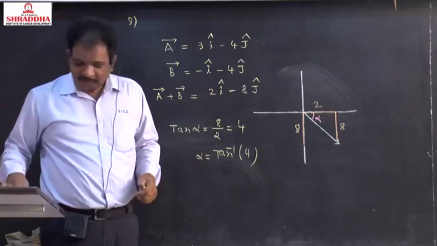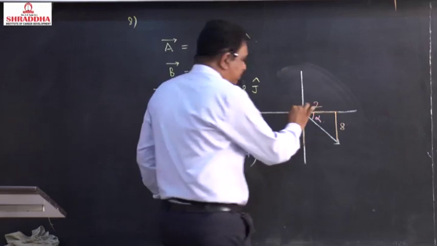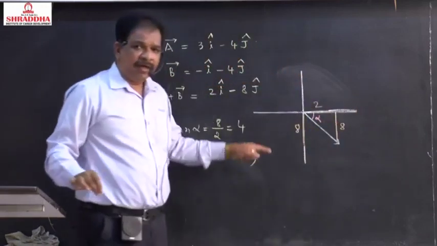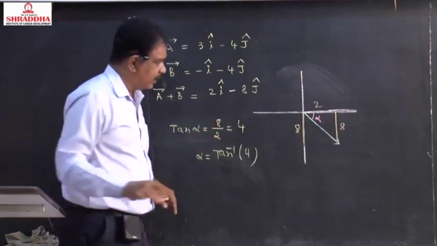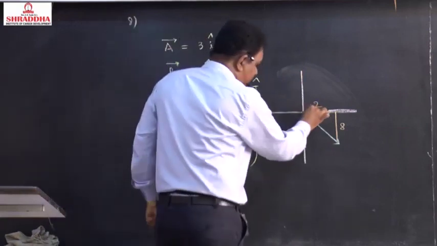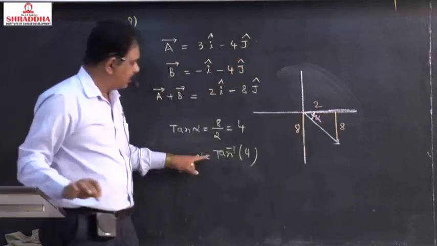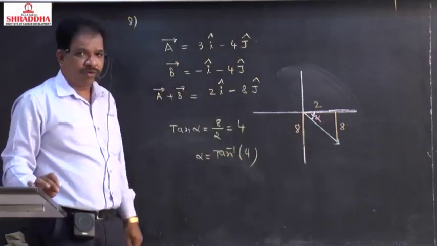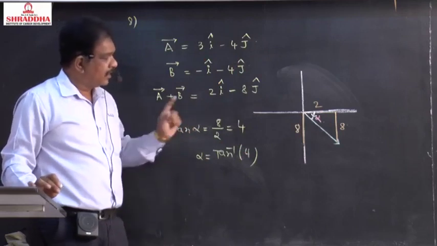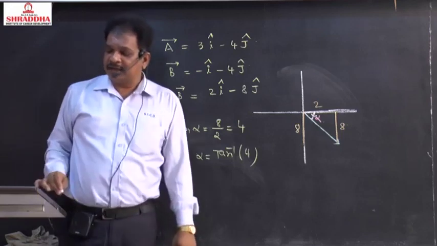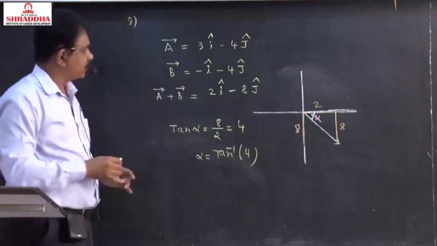This is the positive x-axis, right? From this positive x-axis, I am moving in clockwise direction with angle tan inverse 4. Then that vector comes. So the answer here will be the first option.